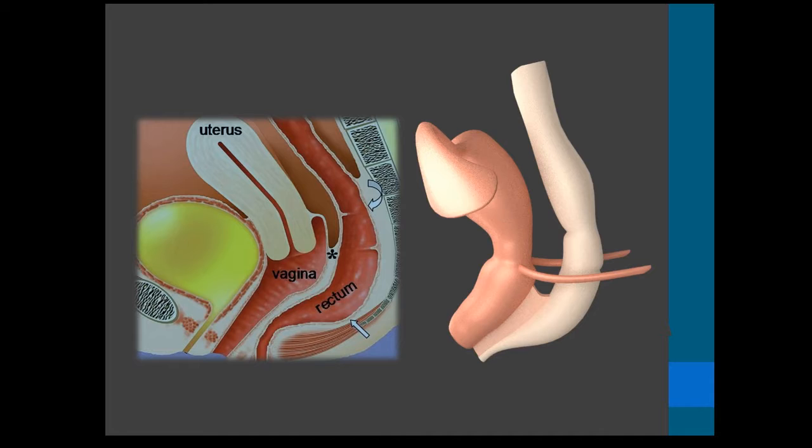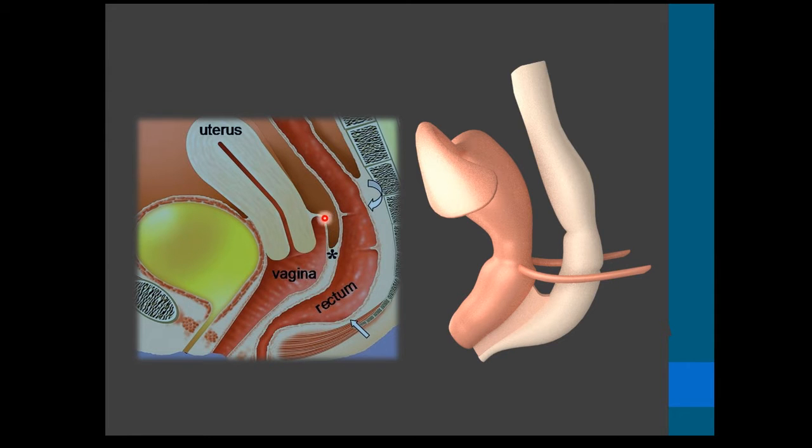So just looking at what defines the pouch of Douglas, basically it is the little pouch here behind the vagina. So the peritoneum comes down on the uterus, and it goes on the posterior wall of the vagina, and then it will fold back and run along the bowel.